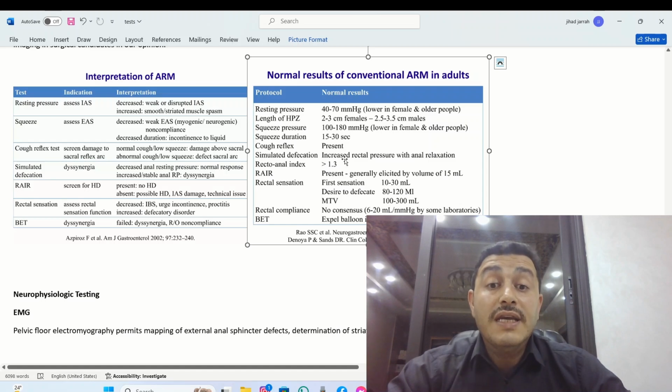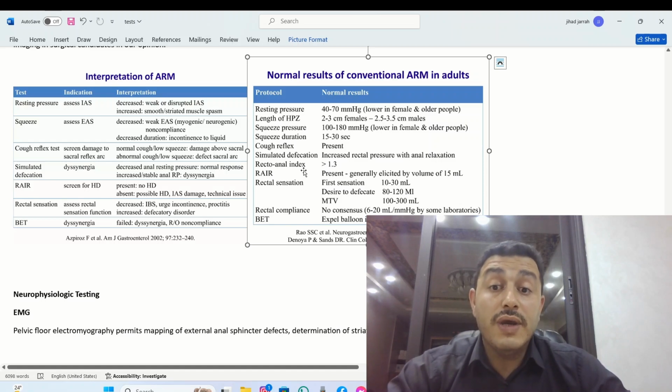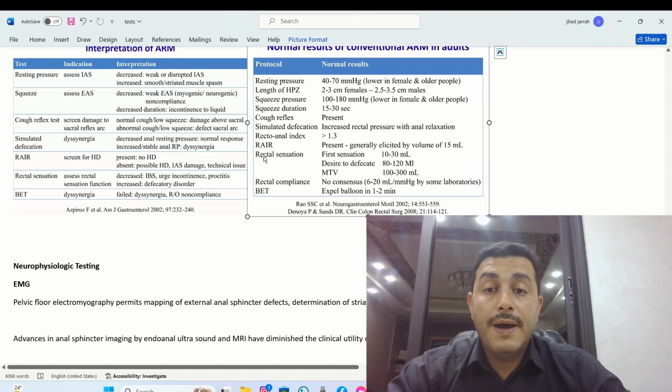Simulated defecation, increased rectal pressure with anal relaxation. We said that the anal relaxation, rectoanal index, more than 1.3, the rectoanal inhibitory reflex should be present. Rectal sensation, the first sensation should be after we inflate the volume of the balloon to 10 to 30 milliliter.